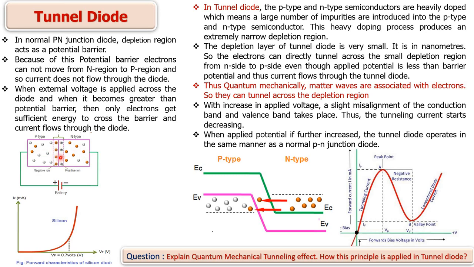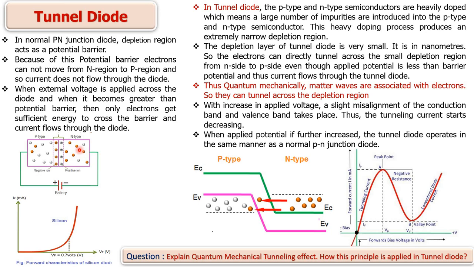This depletion layer acts as a potential barrier, so electrons cannot cross it and will not move towards the P region. Since electrons are not moving, current will not flow through the diode. Now how are these electrons made to flow from the N region to the P region? Again, we have to increase the energy of electrons.